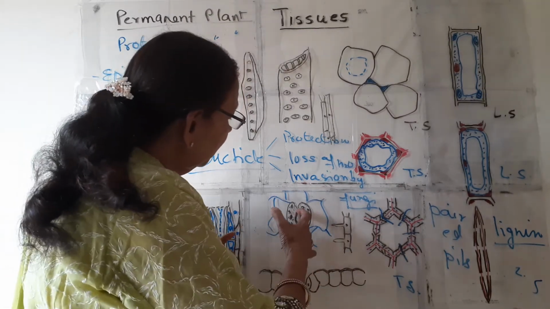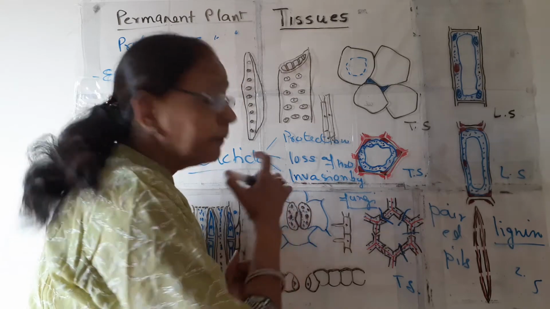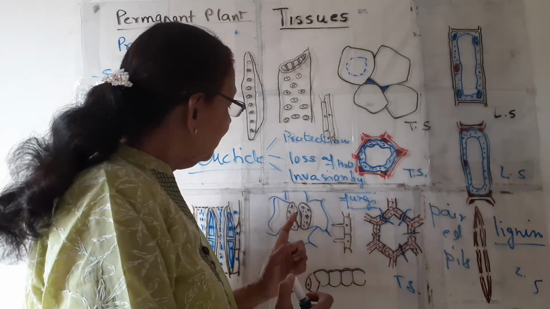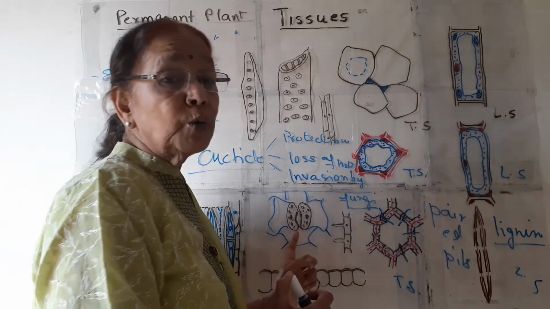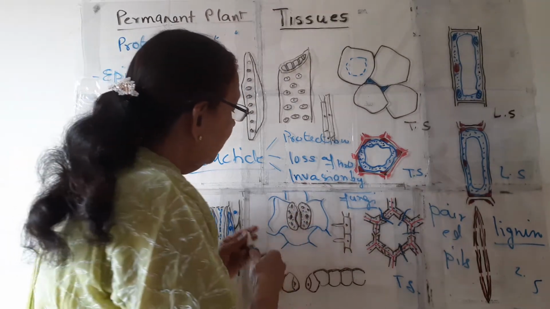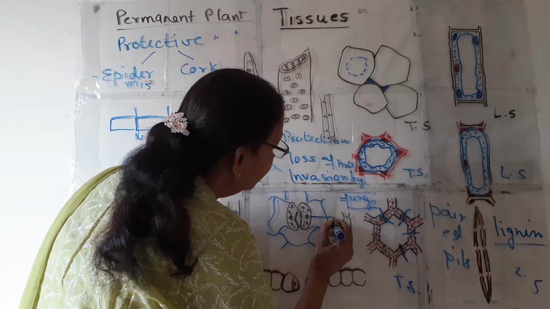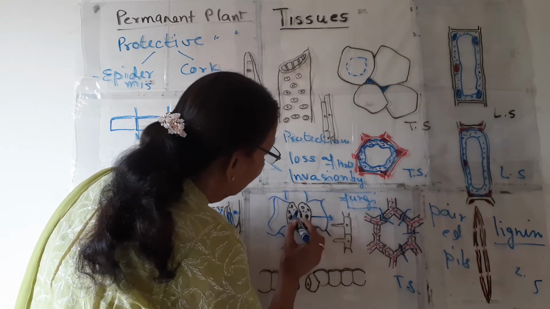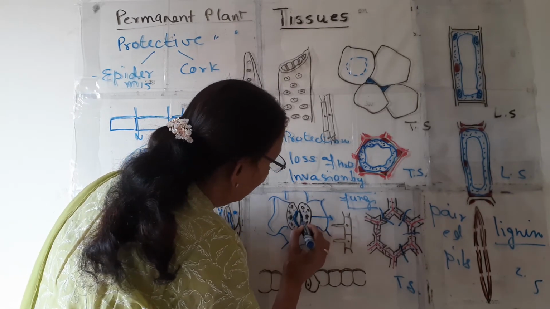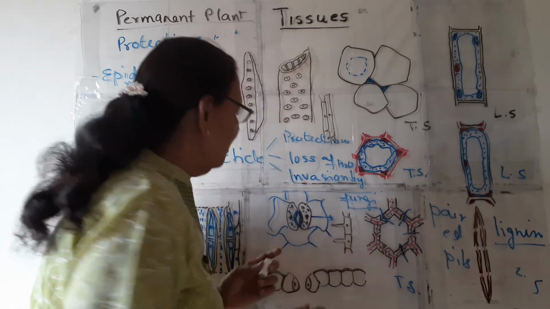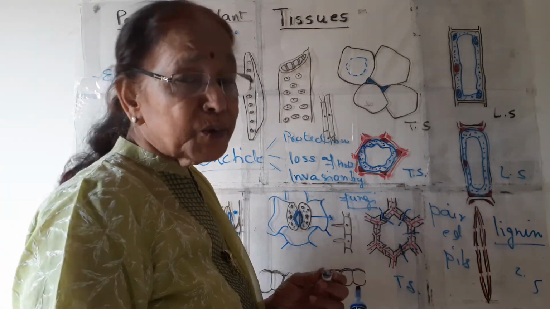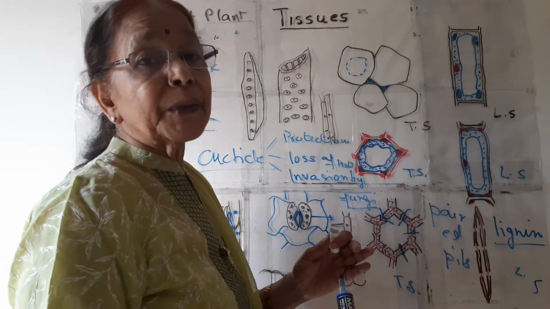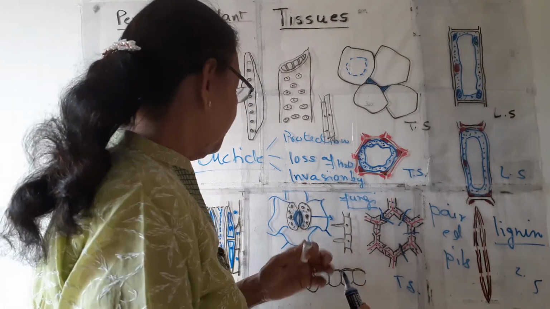And one thing more, the inner cell wall of these guard cells is thicker than the cell wall of the outer side. The outer cell wall is thinner, and this helps in opening and closing of stomata, which we will study later on.